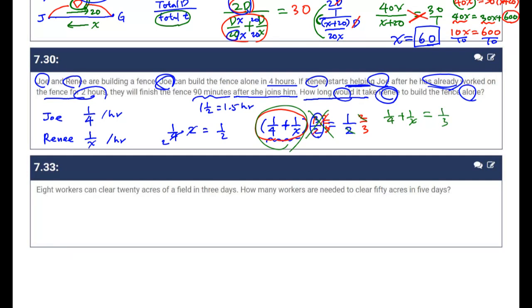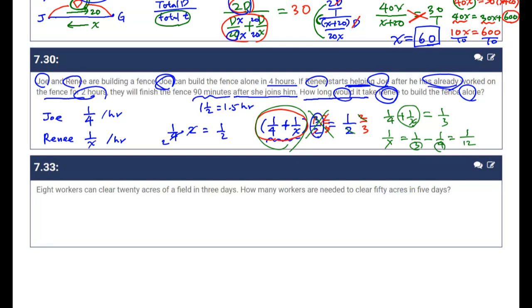Now leave 1 over x alone on the left side, and subtract 1/3 minus 1/4, which is 1 out of 12. Find the common denominator, 12. 4 minus 3 is 1, right?